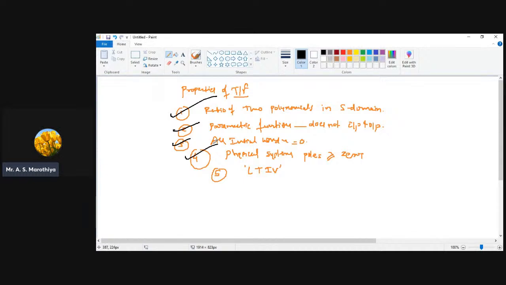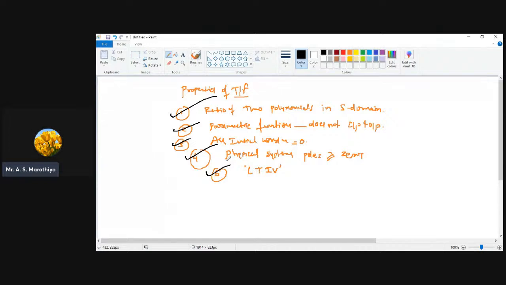Fourth is, for any physical system, the number of poles are always greater than, or at the least equal to, the number of zeros. But the opposite situation is not applicable. That means zeros more than poles is not possible for a physical system. And fifth point is, it is applicable to linear time invariant topology only.